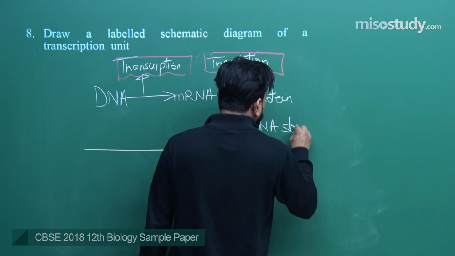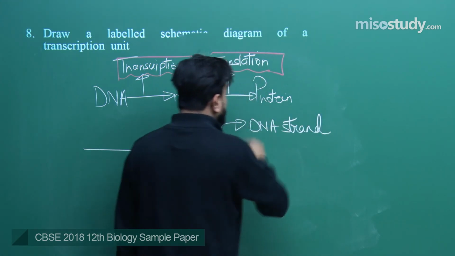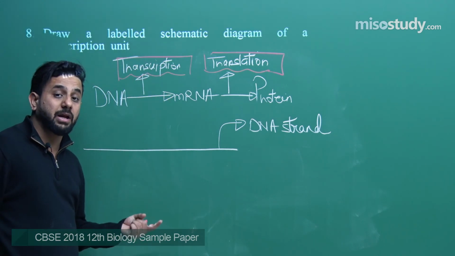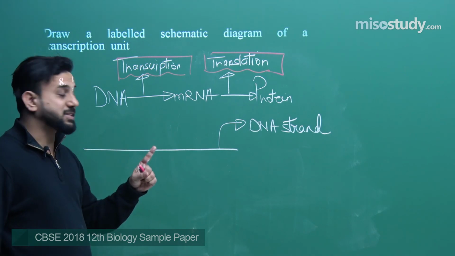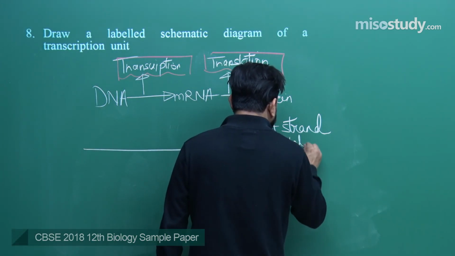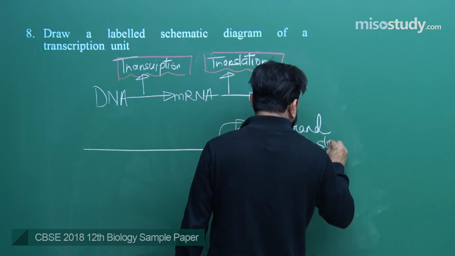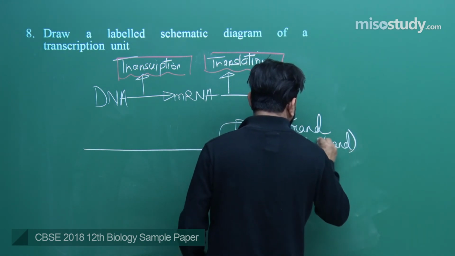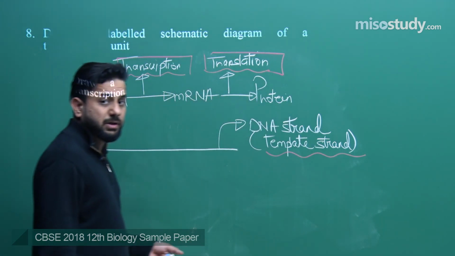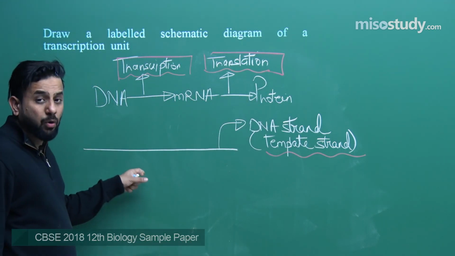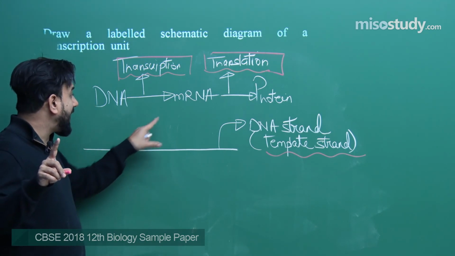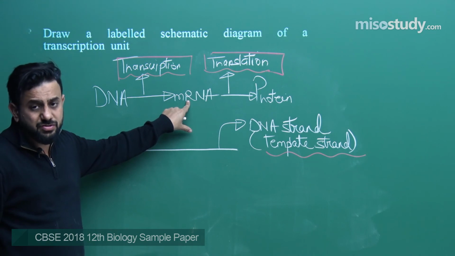This DNA strand, which will get converted into mRNA, is the template strand, because the work is going to be on this. It will act like a template. Now, this DNA has to get converted into RNA. That is what is transcription.